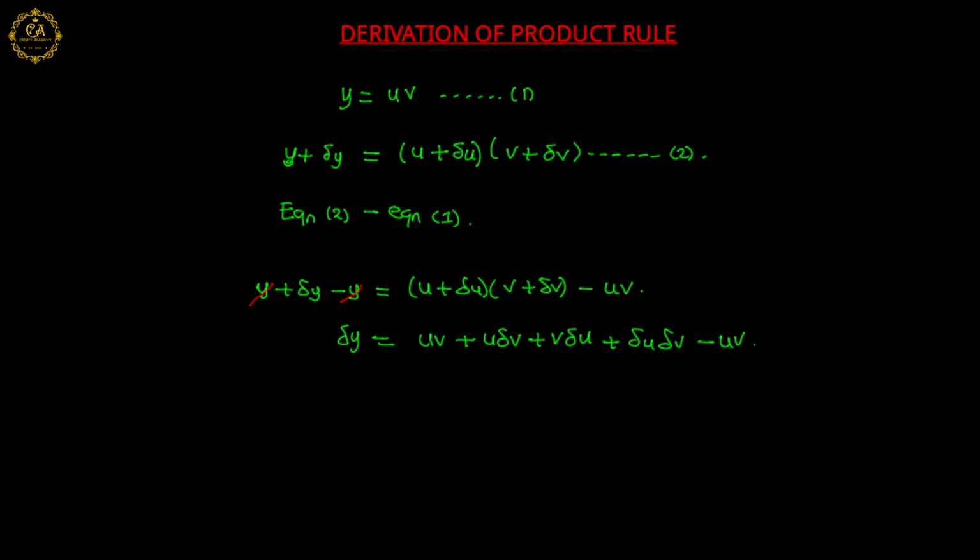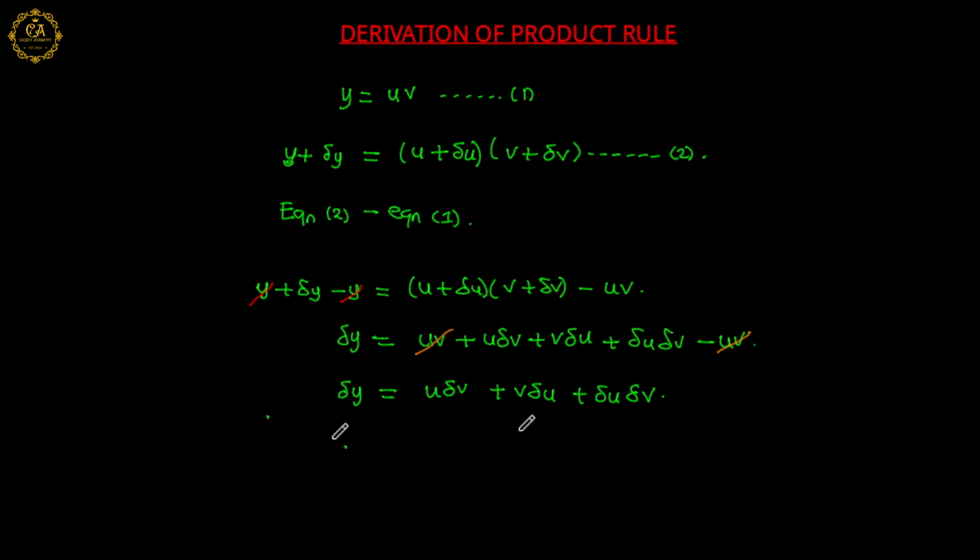Having done this, we also see that the right hand side has something in common that can be cancelled, and that is uv positive and uv negative. After cancelling, we can rewrite the remaining terms: delta y equals u delta v plus v delta u plus delta u delta v.